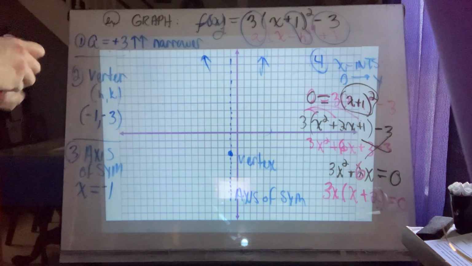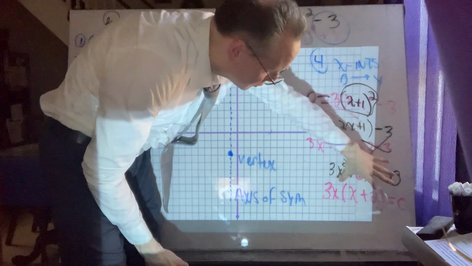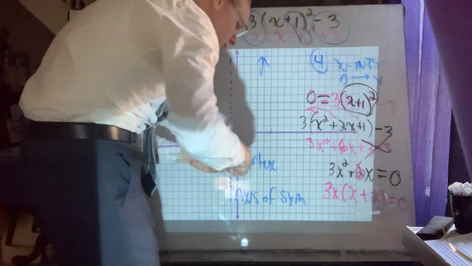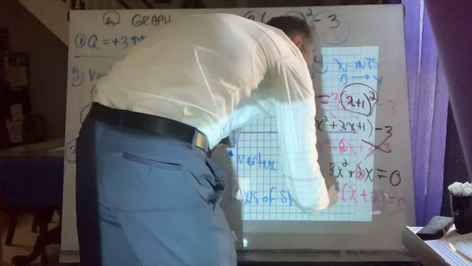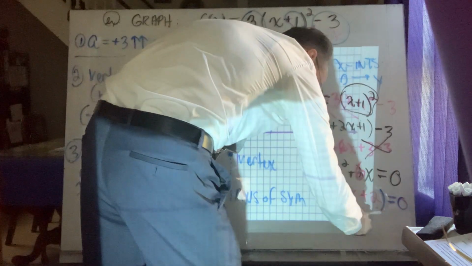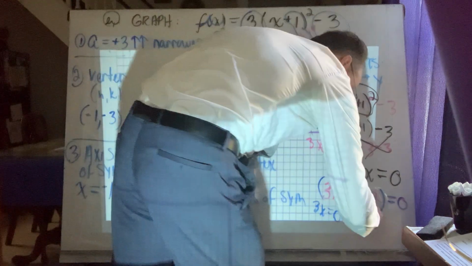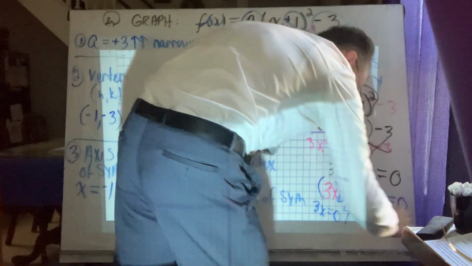So if you apply the zero product rule at this point, you have factors 3x equal to 0, and x plus 2 is equal to 0.